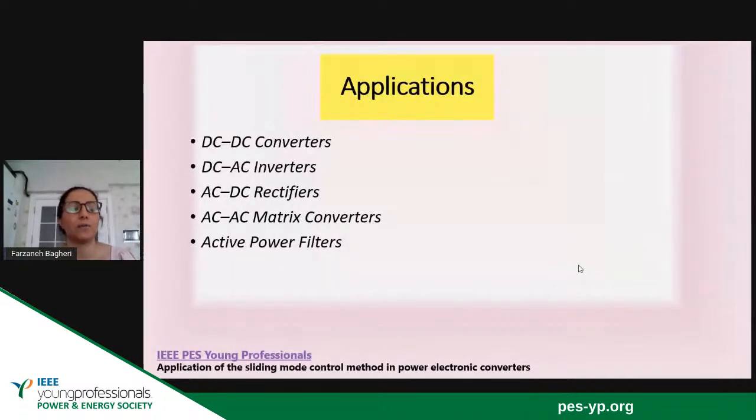You can check them from the literature review. This sliding mode control has been applied on DC-DC converters, DC-AC inverters, AC-DC rectifiers, AC-AC matrix converters, and also on active power filters, for example, such as DVR, STATCOM, and a lot of others in power systems. You can check them.